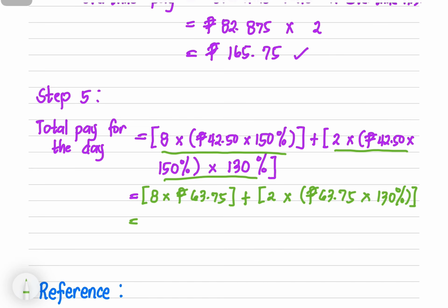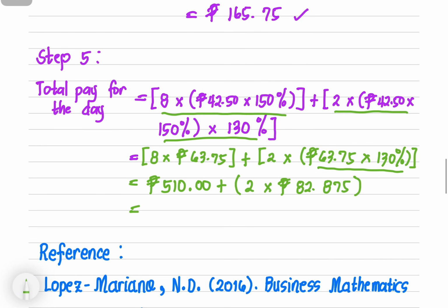So, 8 times 63.75, that is equal to 510 pesos. Okay? And then, eto class, so 2 times, kapag sinimplify natin to class, yan, that is equal to 82.875 pesos. Again, let's simplify.